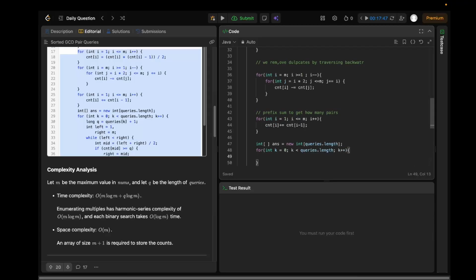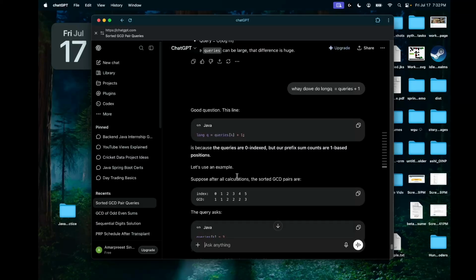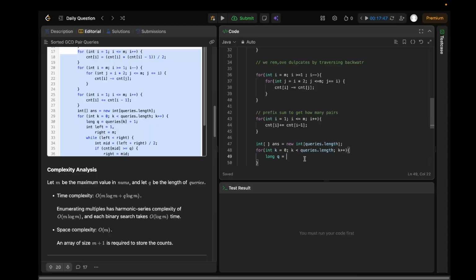So for each, we create a long q equals queries[k] plus 1. So queries[k] is the index number, right?